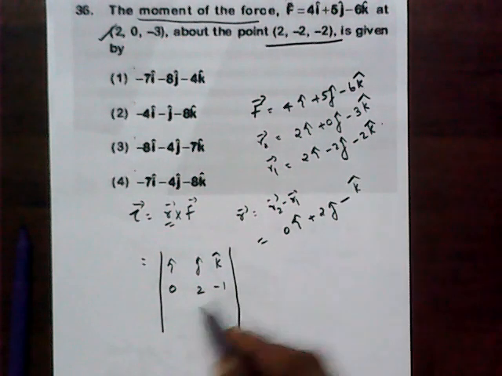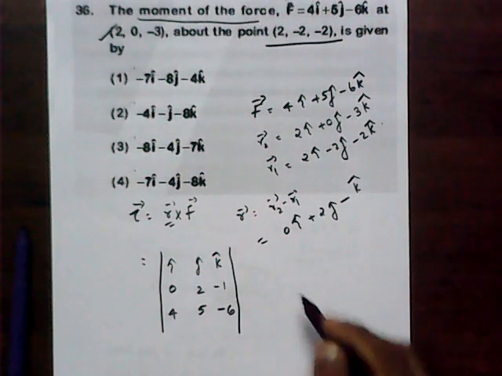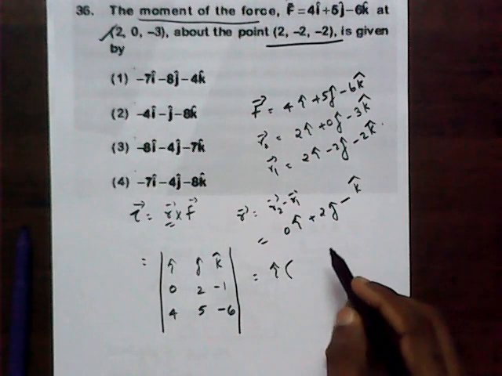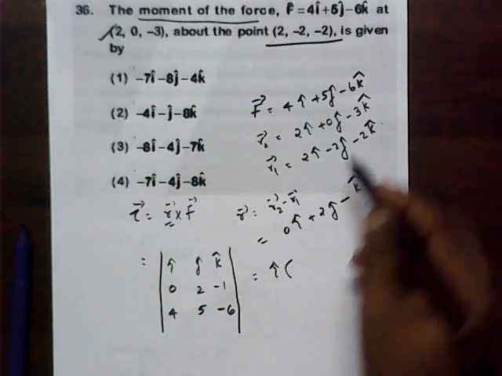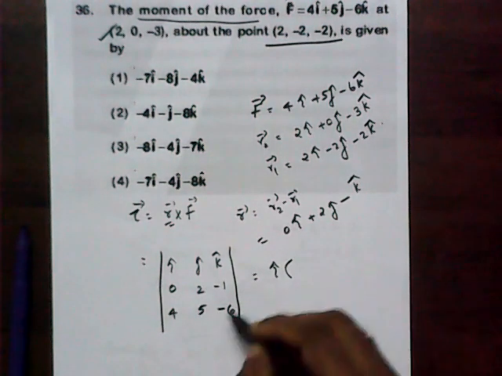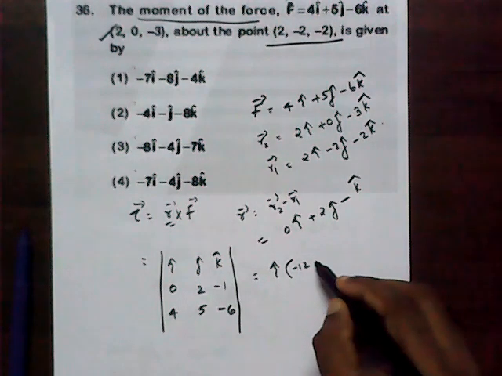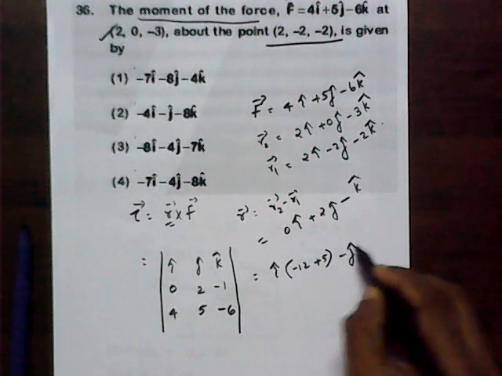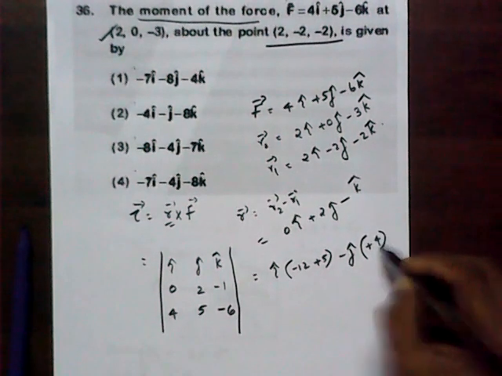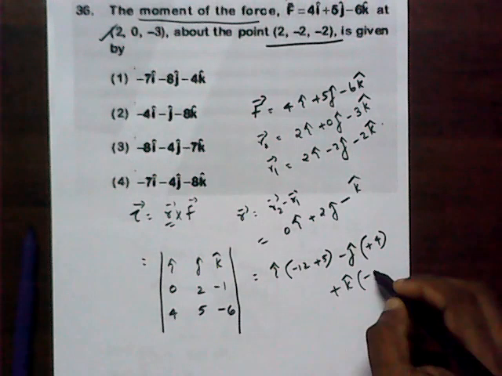And r cross F, where F is (4, 5, -6), so equal to i into, just cross multiplying: 2 into minus 6 is minus 12, minus minus, minus j into 0 minus, so plus 4, plus k into minus 8.